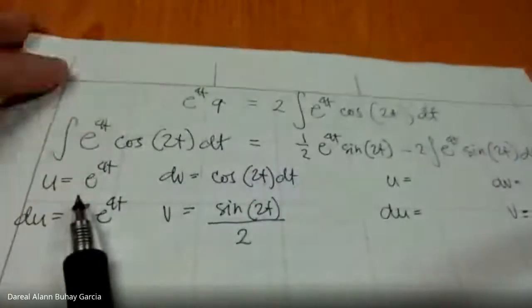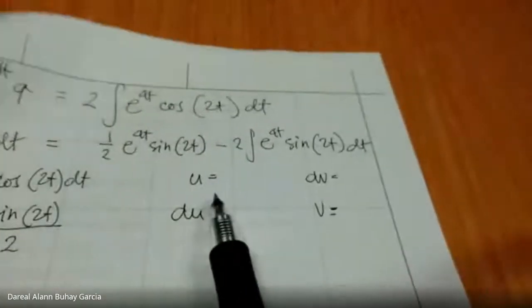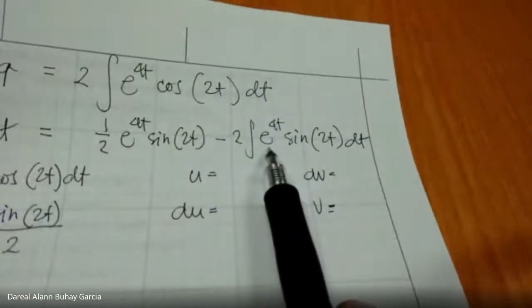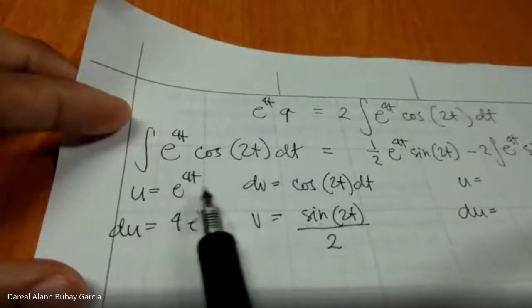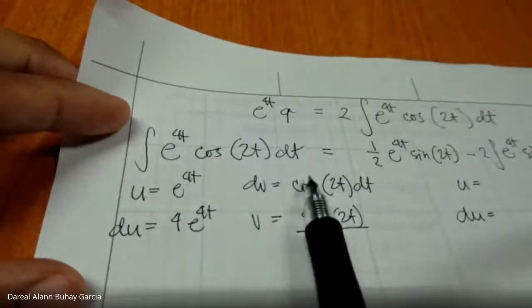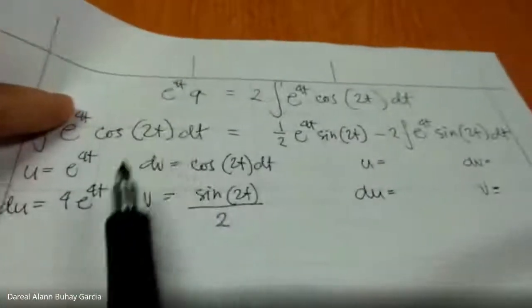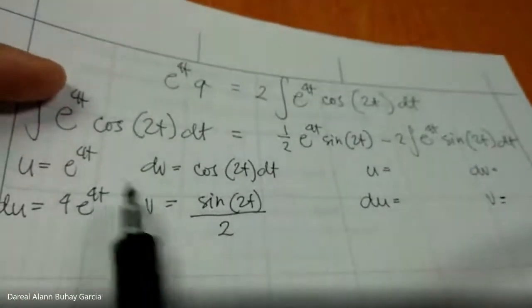The technique is the same: whatever we used in the previous integration by parts, we use again. So U is e^40, and if we swap, as long as the next integration by parts stays the same. So e^40 is our U, e to the power 40, du is 4e^40.